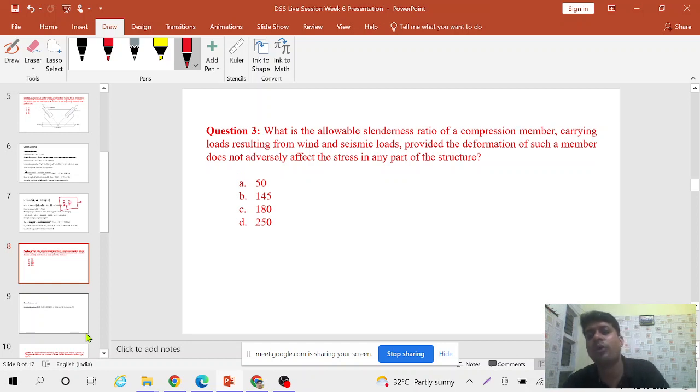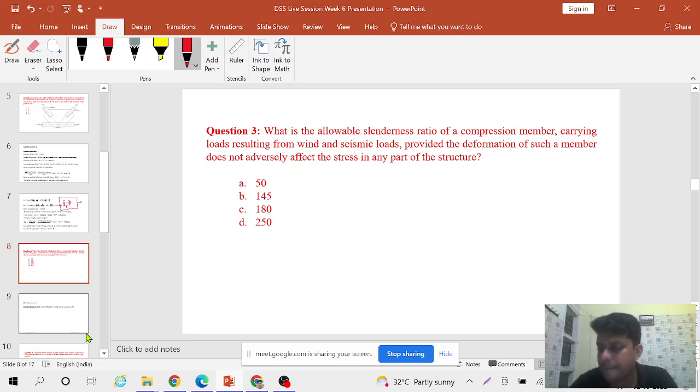So it is very important to be familiar with your code book. If you are not, your entire examination time will be lost in searching for the code provisions, and the examiner expects you to be familiar with your code book. So please open the code book and see where this provision is given.